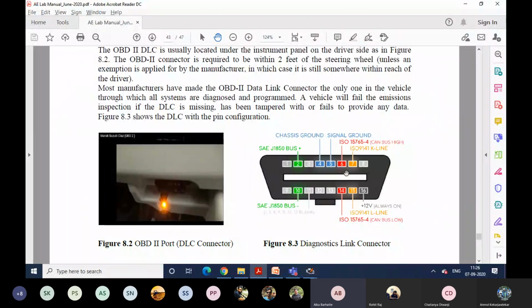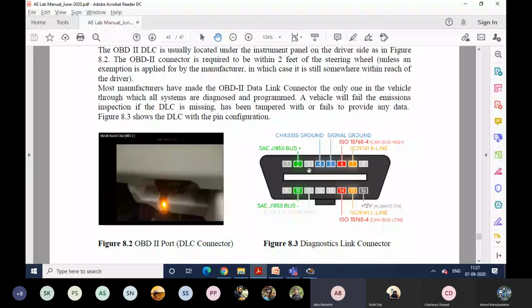Whereas you can use the CAN protocol to access the trouble codes and other sensor data. You can get the live sensor data. CAN operates on CAN high and CAN low. Red is representing CAN. Apart from this, it is also supporting the ISO 9141 K line.